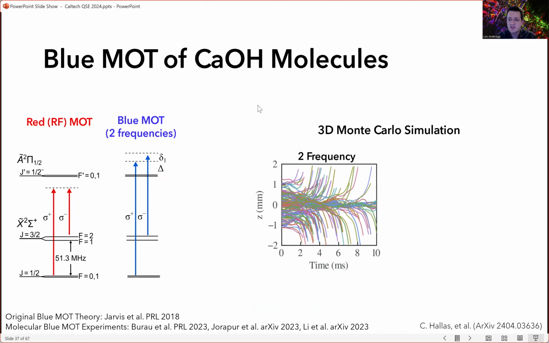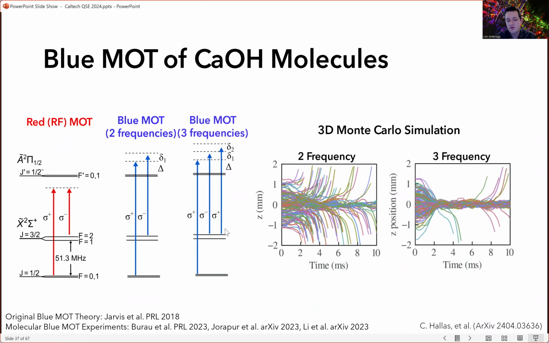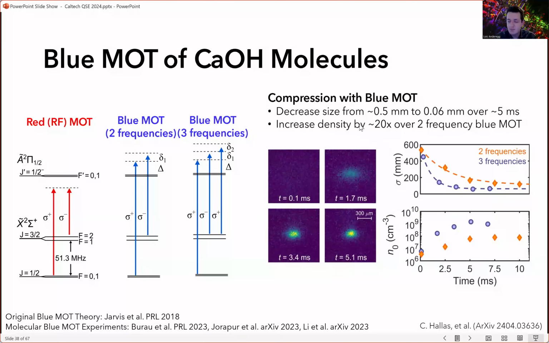And in doing so, we discovered something quite interesting, which is that if we add this third frequency up here closely detuned to this other one, we greatly increase the trapping forces available to us. And it turns out that when we implement this experimentally, this also turns out to be the case. You can see a dramatic increase in the density here.